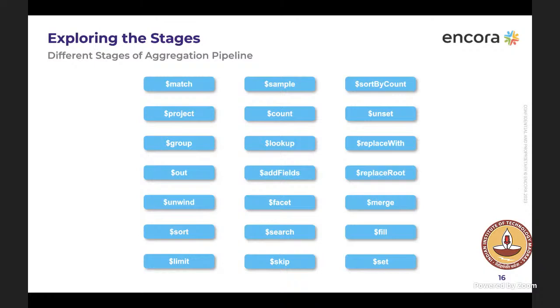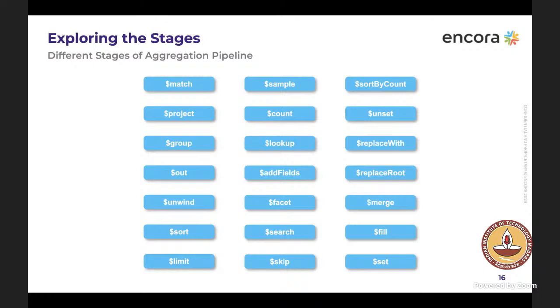Another is grouping, then out. Unwind is used for arrays. The sort stage is used for sorting documents. For pagination, we can use the limit and skip stages. Another is count, to count the documents passing through the pipeline.